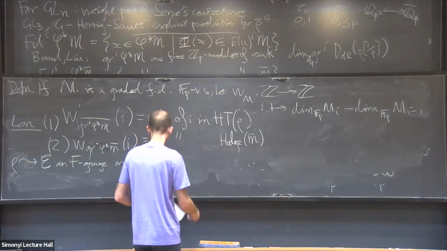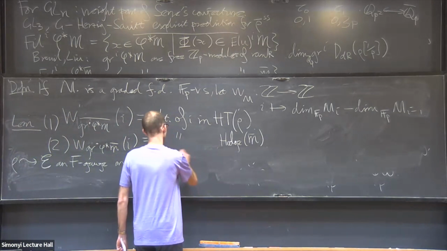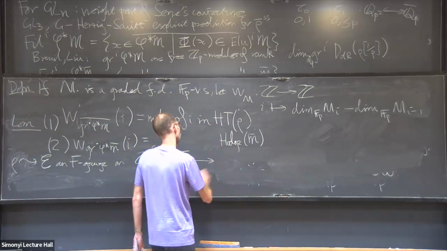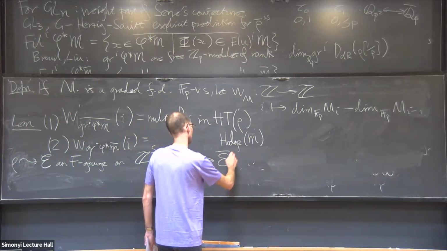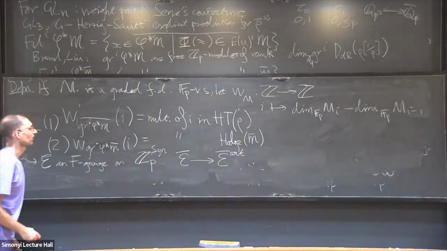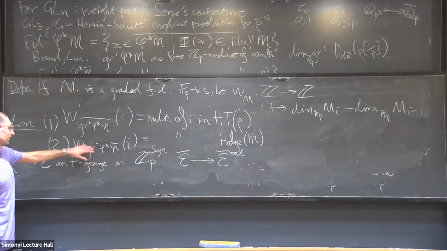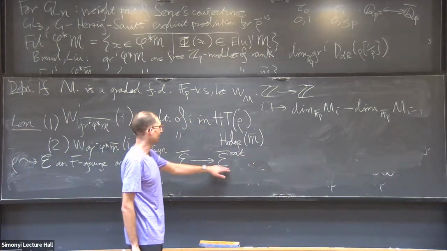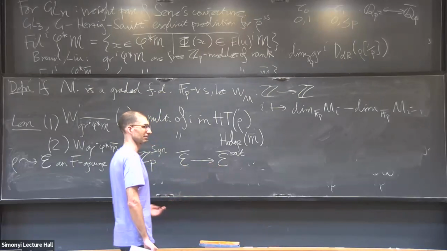And you can reduce this mod p, and you get something E bar. And then there's also something maybe I can call E bar saturated, which is the thing that corresponds to this. And so really, now we're just trying to study the difference between these two things.